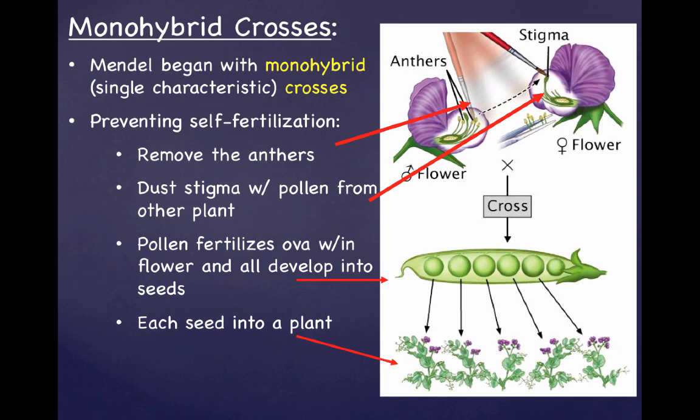He then used that pollen to fertilize the ova within the flower, and all of the offspring would develop into seeds, and from each seed, a plant. This is how Mendel controlled exactly the crosses and allowed him to study the inheritance of very specific traits. We'll pick up with monohybrid crosses in the next segment.